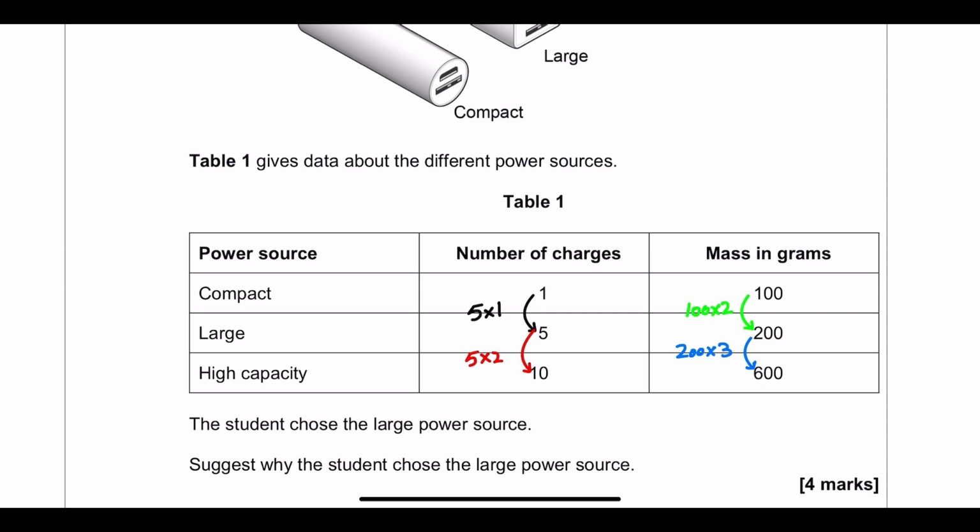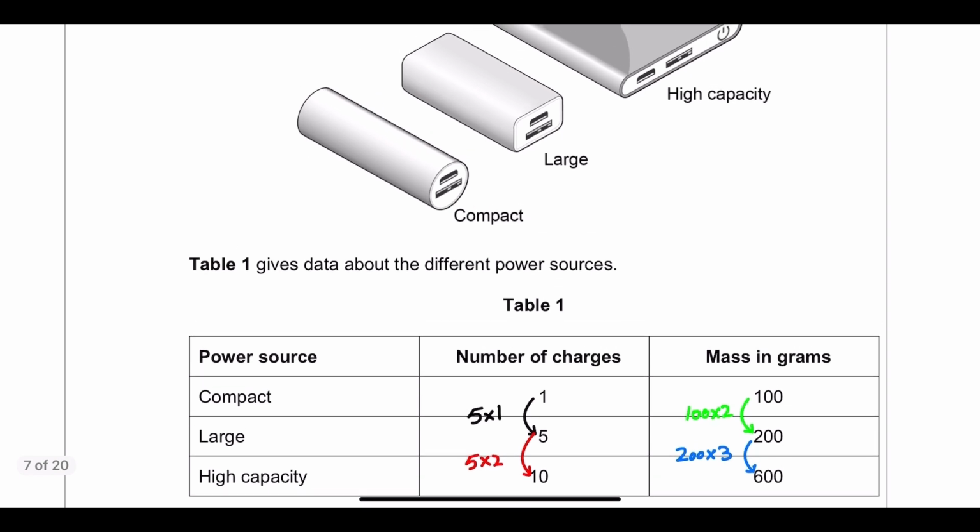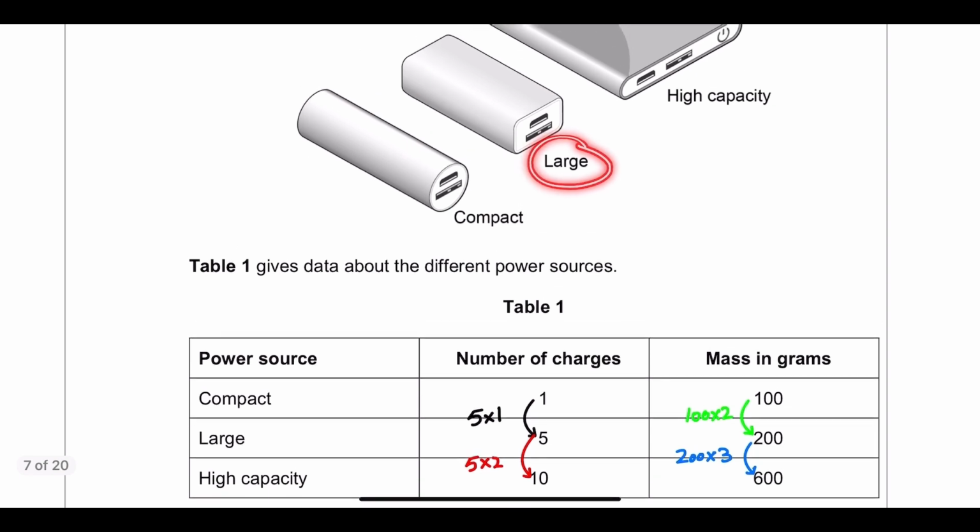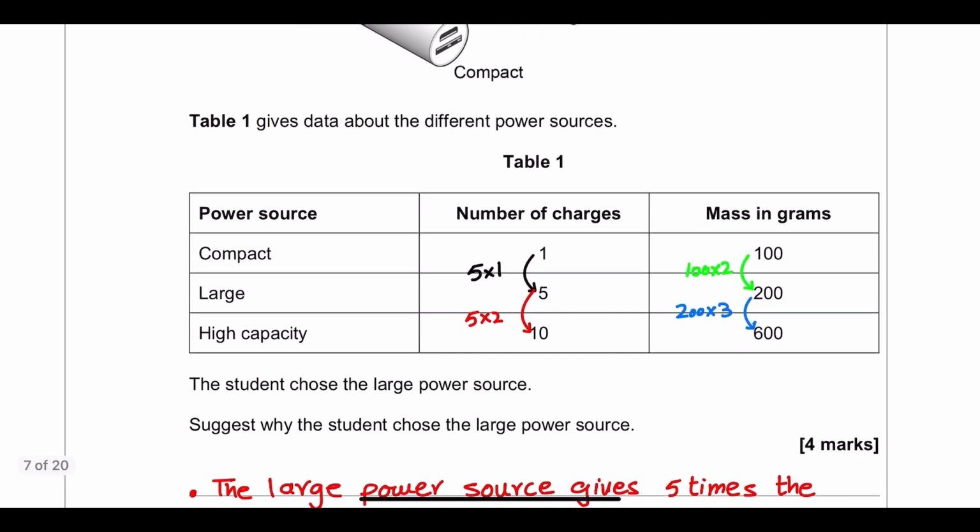Whereas the high capacity power source gives 10 charges and the mass is 600 grams. The student chose the large power source, which is given here. Suggest why the student chose the large power source.